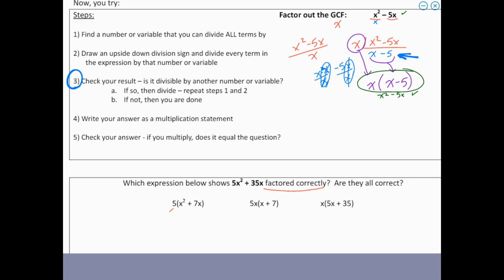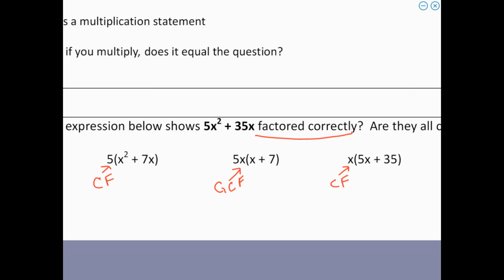So this is just a common factor, and this is just a common factor. It's not the greatest common factor. So the middle one actually pulls out the greatest common factor.